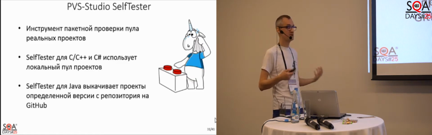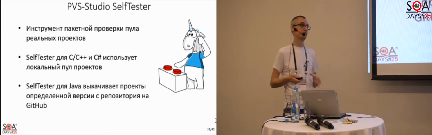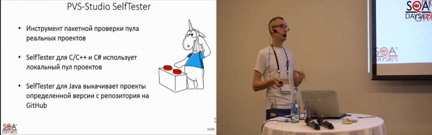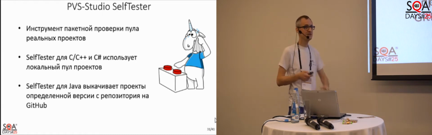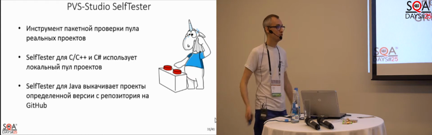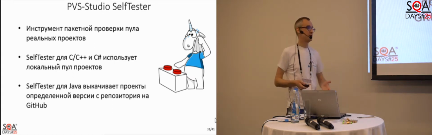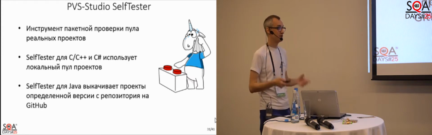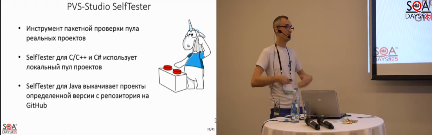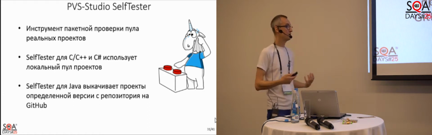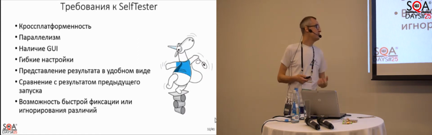What about real projects? We use our own self-written instrument. We have to develop self-testers for C, C++, C Sharp, and so on, depending on the project. They are related to our analyzers. You take results and compare them with the results of the previous test, and you try to draw conclusions about the behavior of the analyzer.